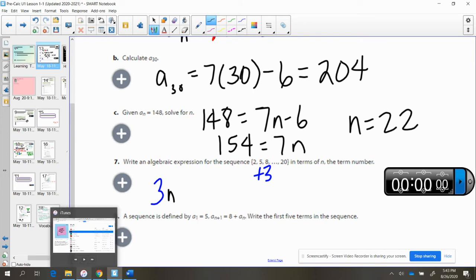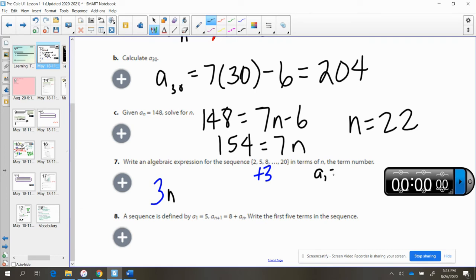And as we start guessing and checking a little bit, if we say a sub 1, 3 times 1 is 3, I need to add 2... excuse me, let's try to subtract 1 over here. 3 times 1 minus 1 is 2, which is my first term. To keep testing, I need my second term to be 5. That's what it says right here.